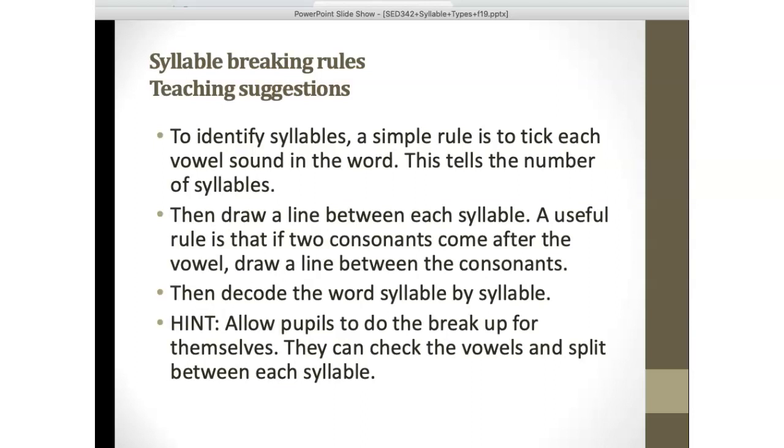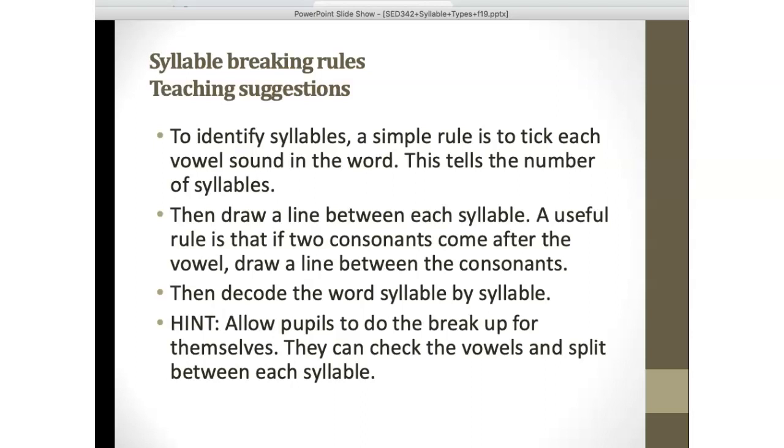The simple trick to teaching children how to break down the word is you teach them to identify the syllables, and they underline or tick each vowel sound in the word. This tells them the number of syllables in the word. I usually have them underline the vowel, and then they draw a line, or I tell them to swoop between each syllable.